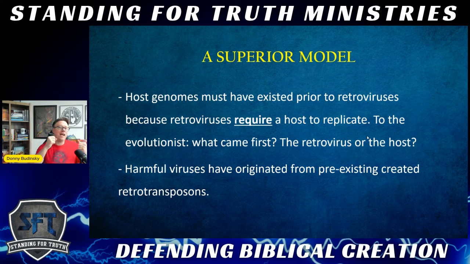So the host has to come first, which is why retro elements or retrotransposons would predate retroviruses, because retroviruses came from pre-existing host cells and pre-existing host genetic elements like retroelements. And so on the slide, to the evolutionists, what came first, the retrovirus or the host? Harmful viruses have originated from pre-existing created retrotransposons.